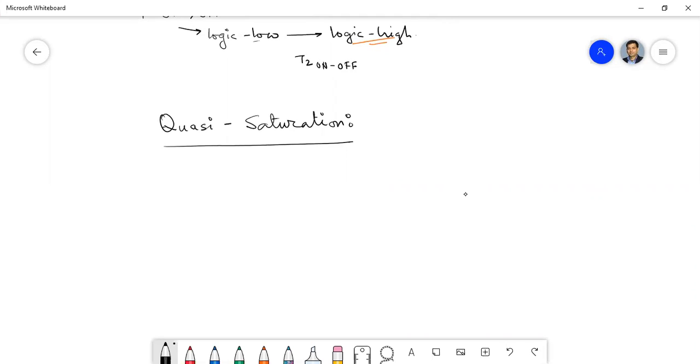It is a very small region in that characteristics. So how to maintain the operating point near the quasi-saturation region of the transistor characteristics? For that, I will draw a circuit. The circuit is similar to that I have already drawn.